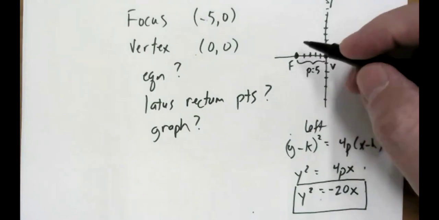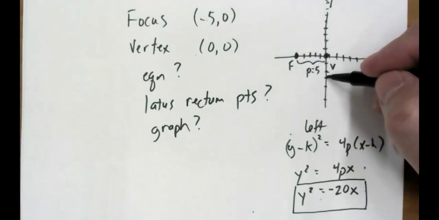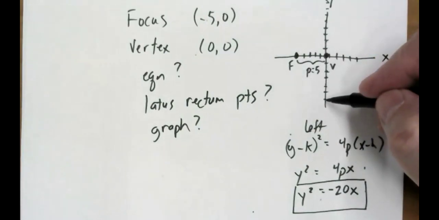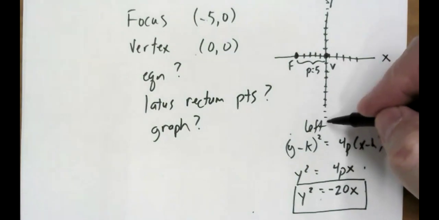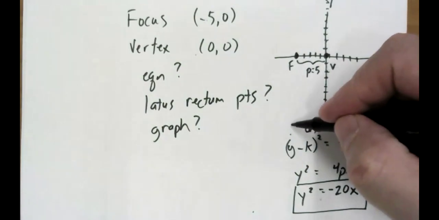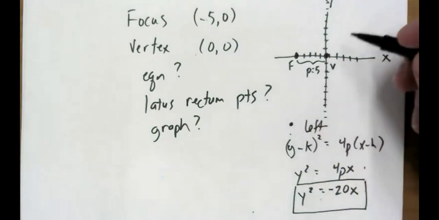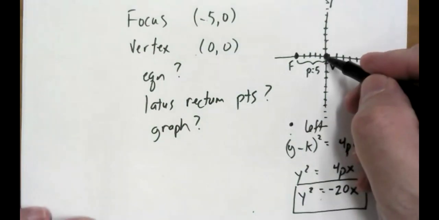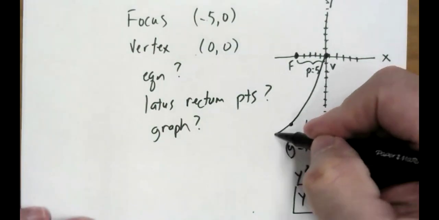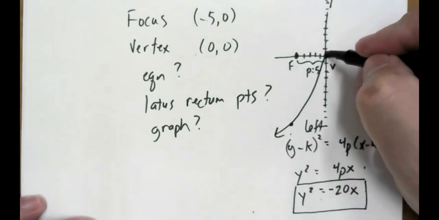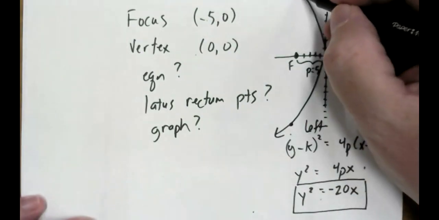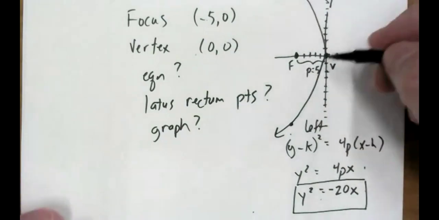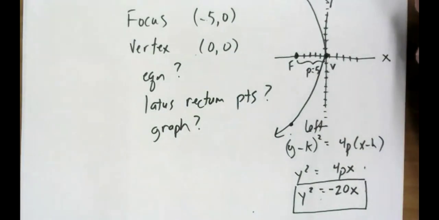And then I'm going to go down 10. Because when I do that, those 2 points help me to, so this is a pretty wide parabola.